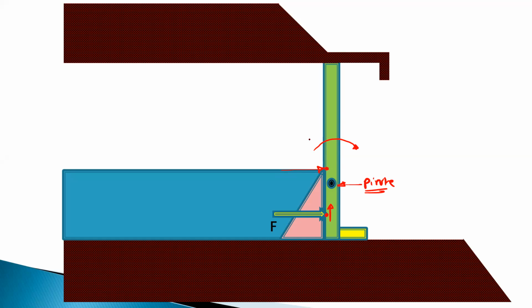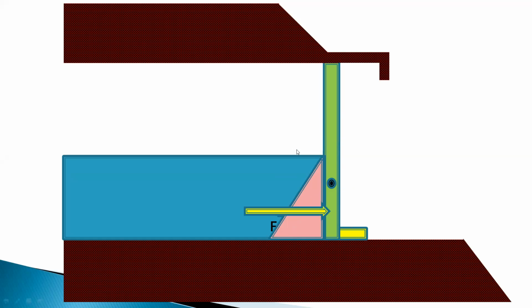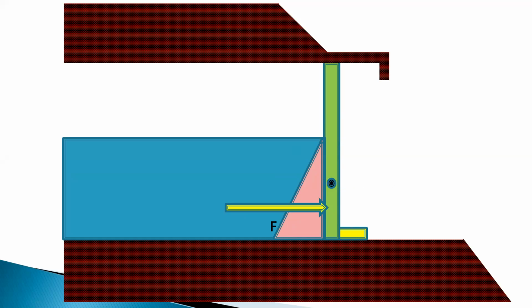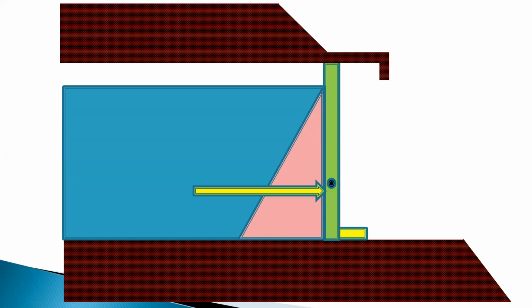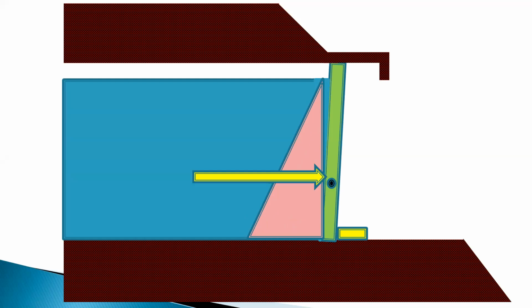Okay. So gradually it is moving in the upward direction. At this point, this is the eccentric distance, or we can say it is the perpendicular distance with respect to this pivot point, that is point O. So it will create some moment, which is M is equal to F into perpendicular distance.